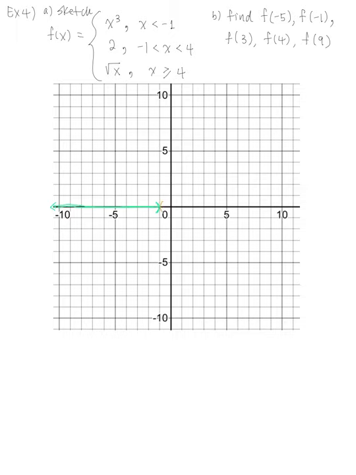Again, you're going to have an open circle here, and then all the way up to 4, and 4 is also excluded. So you have this going on here. And then the last one is x is greater than or equal to 4. In this case, we're going to have a closed bracket and then all the way towards infinity. All right, so those are the three intervals. Now let's graph.